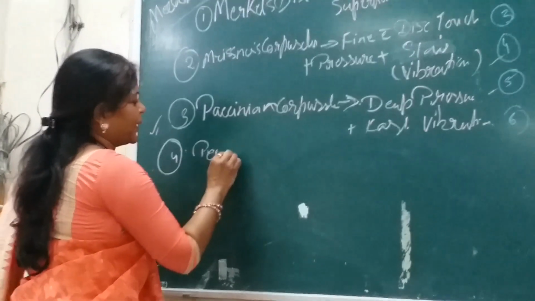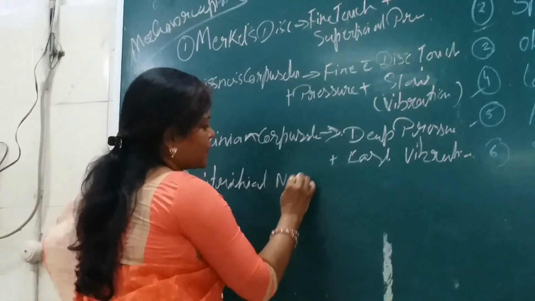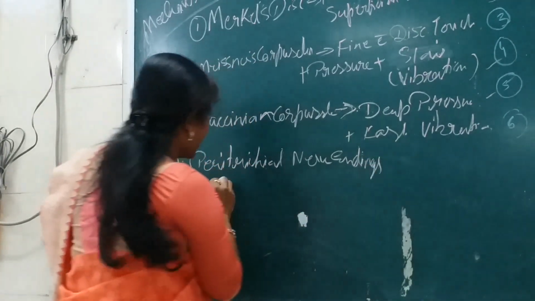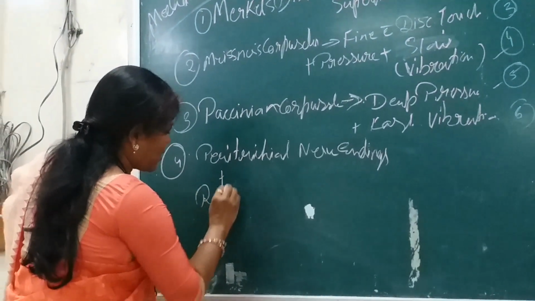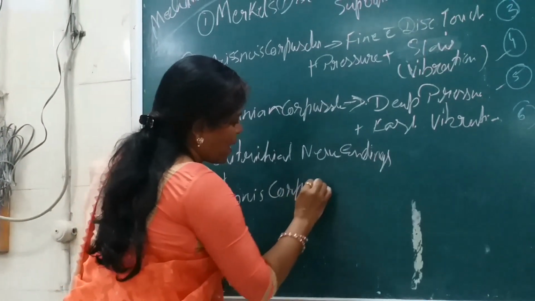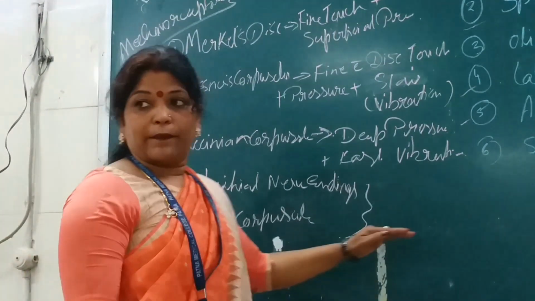They are the peritrichial nerve endings plus Ruffini's corpuscles. Both of them, this is what? Tell me.